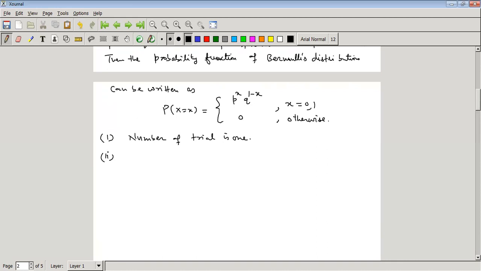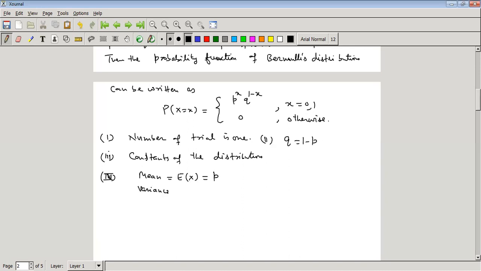Second, we have Q equal to 1 minus P. Third, constants of the distribution, and fourth, its mean, that is, expectation of x is equal to P. Variance, that is, expectation of x square minus expectation of x whole square, is equal to PQ, and standard deviation, that is, under root of variance, is under root of PQ.